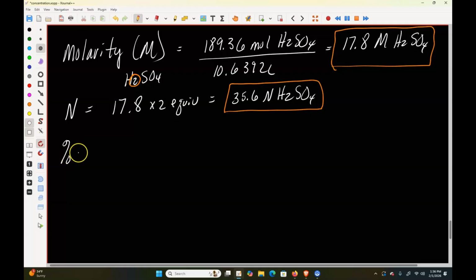For the percent H2SO4, okay, I have 18576.2 grams of H2SO4.